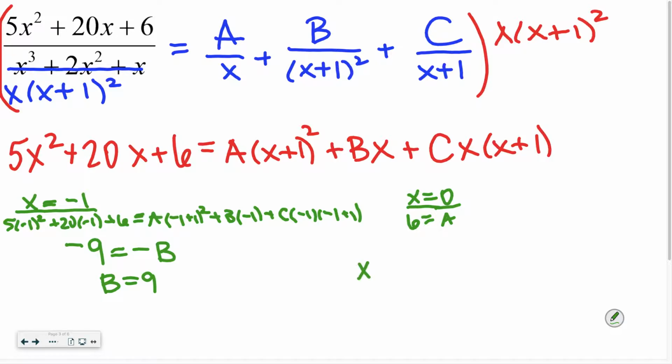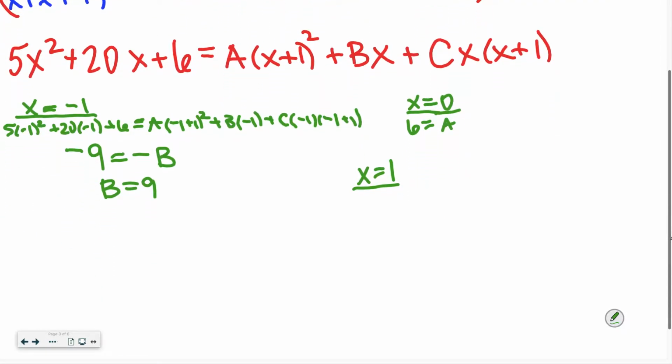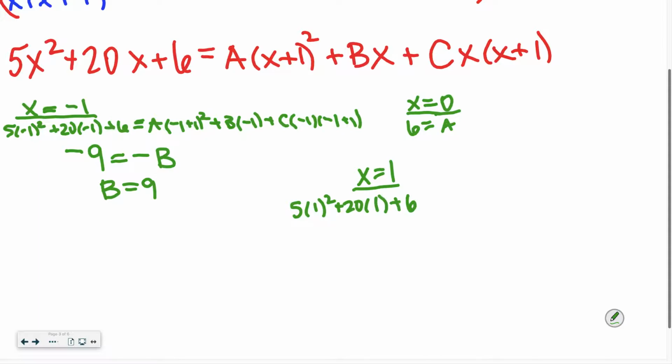If we choose x equals 1, then we get 5 times 1 squared plus 20 times 1 plus 6. We know that A is 6 and B is 9.